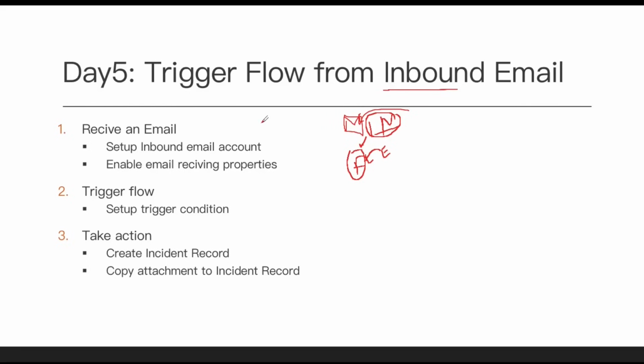Before we talk about how we can initiate our flow from inbound email, we should know how our inbound action normally works. The inbound action starts the moment you receive an email. Let's say in ServiceNow you have received an email, and there is a list of inbound actions, like 4, 5 or 10, 12 inbound actions.